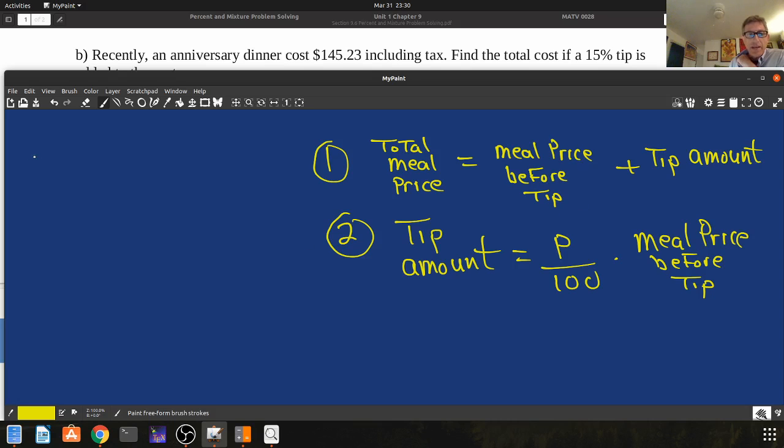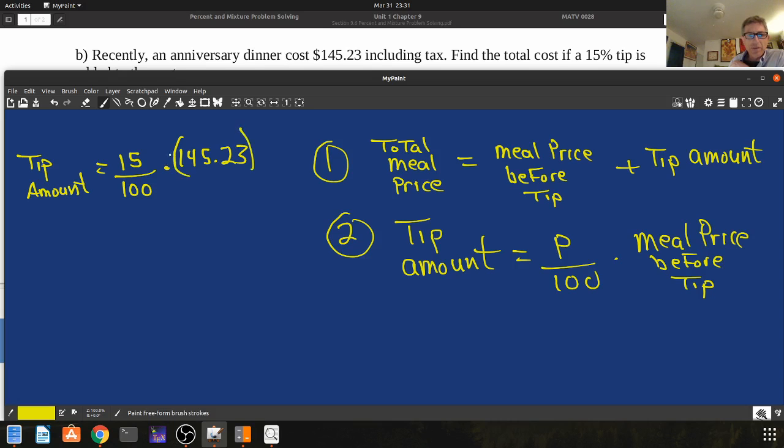So let's find out our tip amount. So our tip amount, and you want to leave a 15% tip, is 15 over 100 times 145.23. So this is times right here.